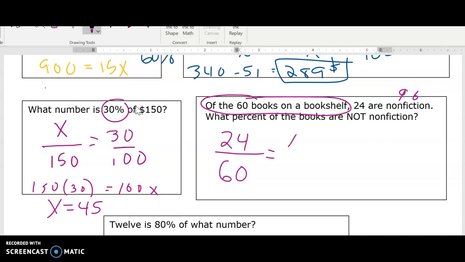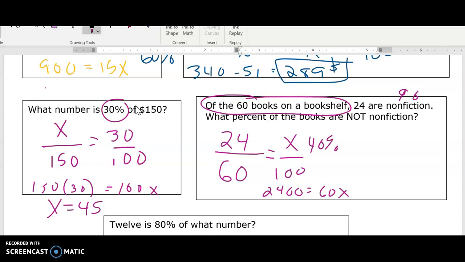Okay, and then what percent out of 100? So that's 2400 equals 60x. And I do 2400 divided by 60. That's 40%.